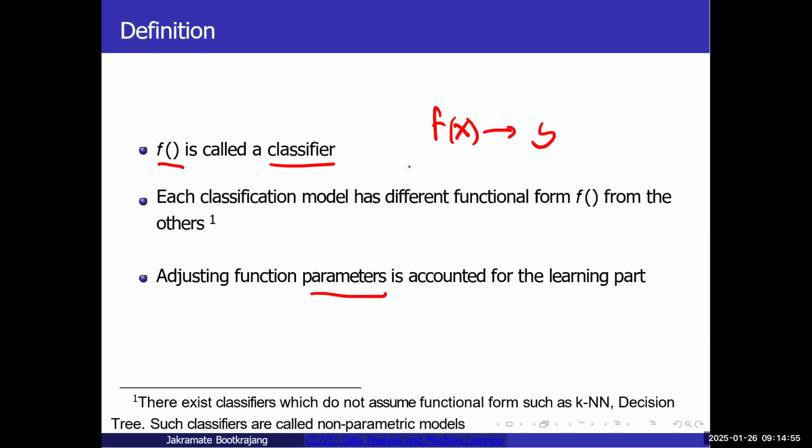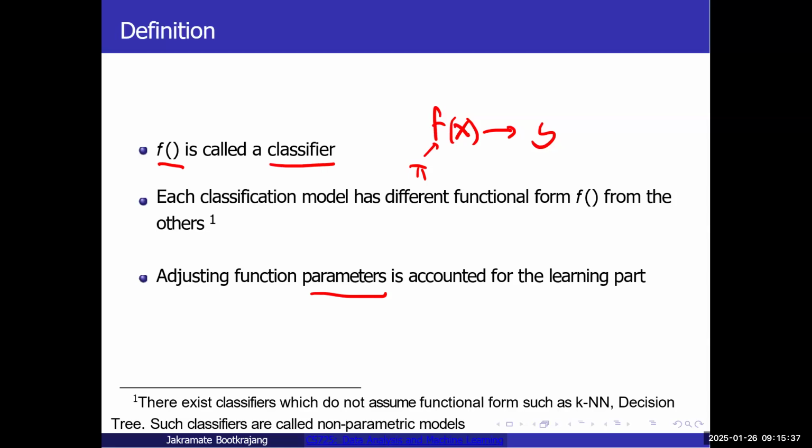If you want this function to be adaptive, you need some kind of parameter to control the function. Not every model has parameters. For example, decision tree does not have parameters. KNN does not have parameters. But for today in this class, we will look at functions that have parameters.